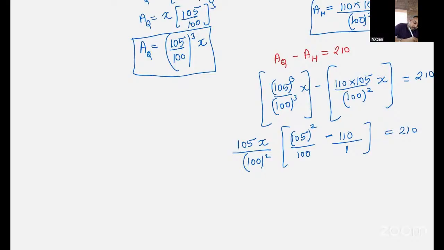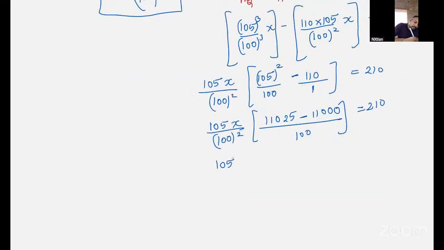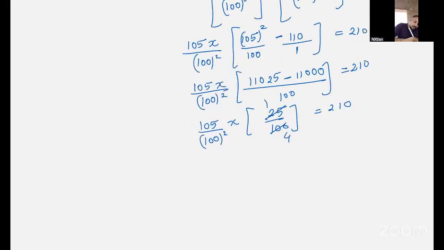So it's going to look like this: 105 x upon 100 square into (11025 minus 11000 upon 100) equals 210. So 105 upon 100 square into x, it will be 25 upon 100 equals 210. Now those in the denominator will go to that side and become multiply.